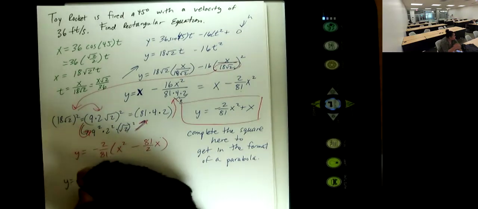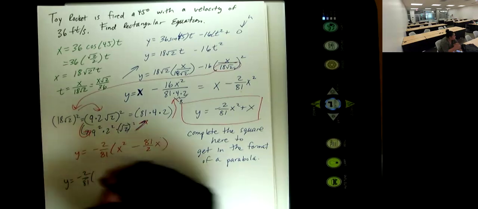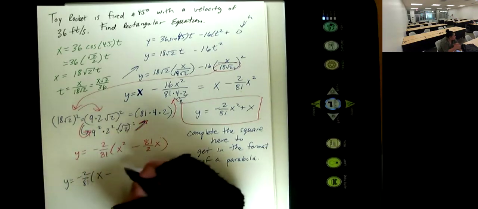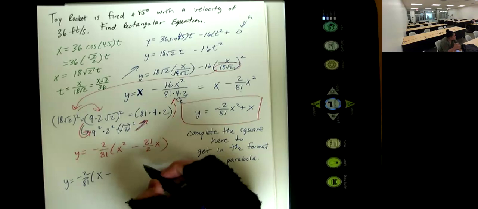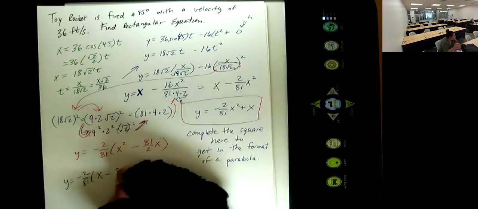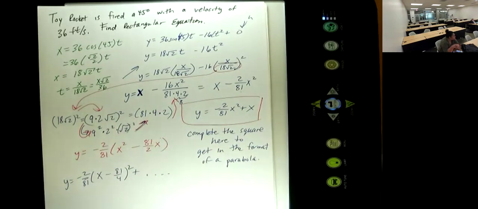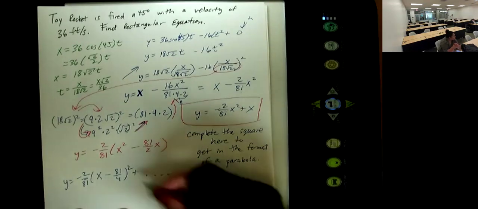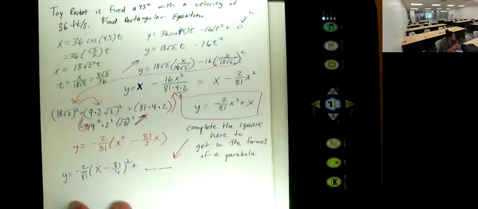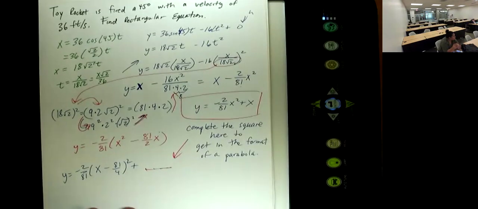That format would be negative 2/81 times x minus, that divided by 2, should be 1/4, squared, plus something, and the something is what you gotta calculate. Completing the square will help you find that. But we don't have time, it's 10 AM, so I won't hold you any longer. And that's not necessary, we did get it in rectangular form up there.